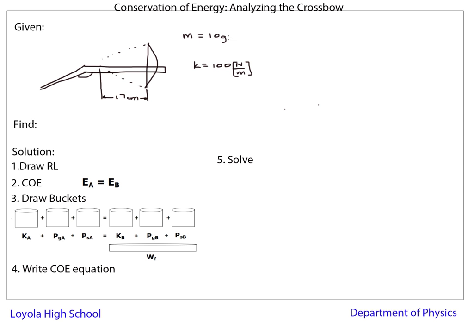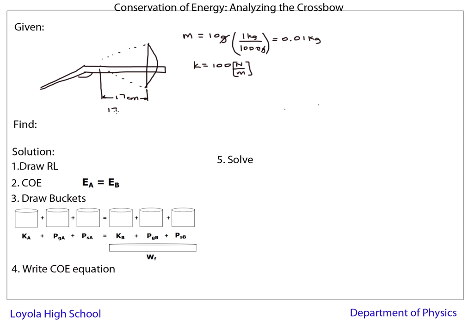So first thing I'm going to do in the given is make sure all my quantities are in the correct units. So this is in grams. Our standard unit for mass is the kilogram, so I'm going to convert this to kilograms. So 1,000 grams is 1 kilogram, which is 0.01 kilograms. And then the distance here is 17 centimeters, so I'm going to make that meters.